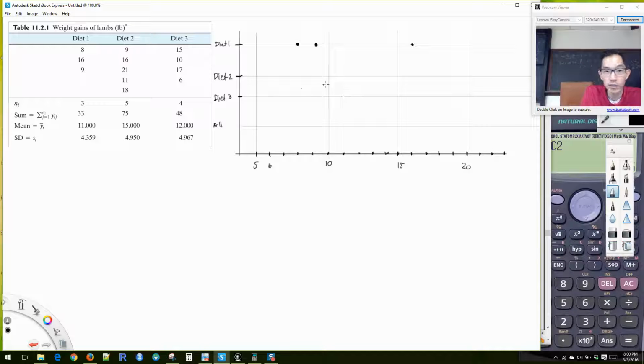On diet 2, we have a lamb that gained 9 pounds, a lamb that gained 16, this one gained 21, this one gained 11, and this one gained 18. And then on diet 3, we have 15, 10, 17, and 6.